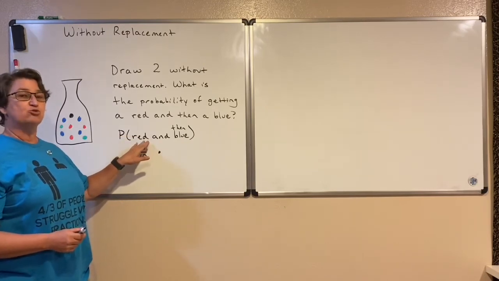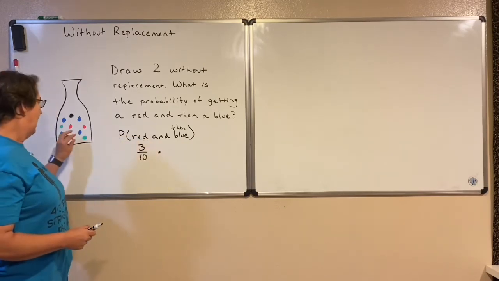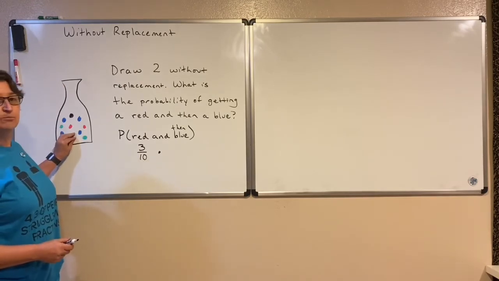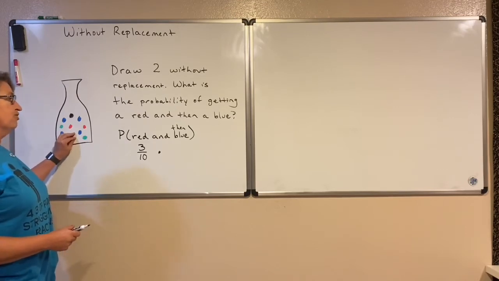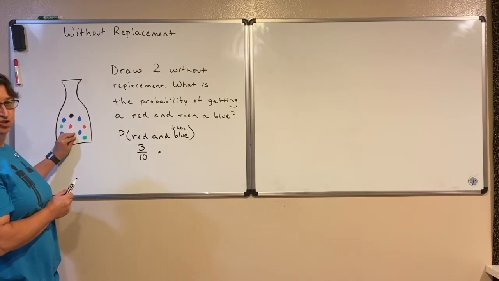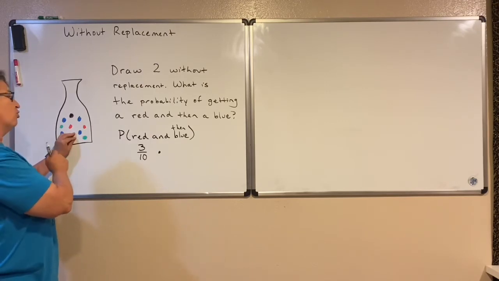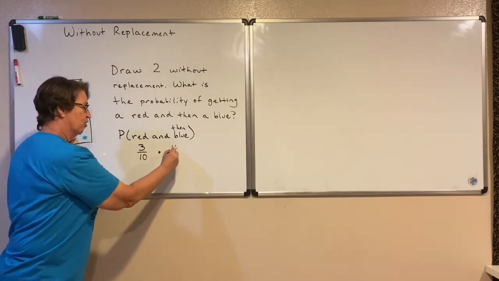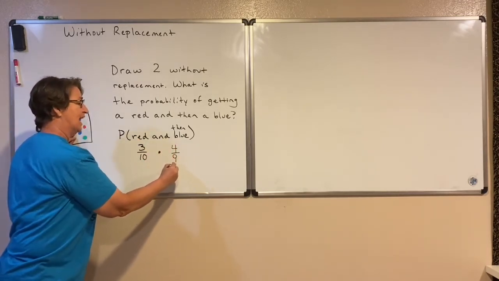And because it's without replacement, I now have one of these reds in my hand. I didn't put it back in the urn this time. And so therefore, this probability of getting a blue has changed. Instead of being 4 out of 10, it is now 4 blues out of 9.